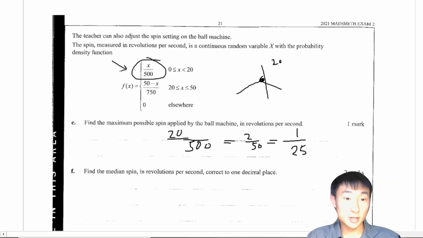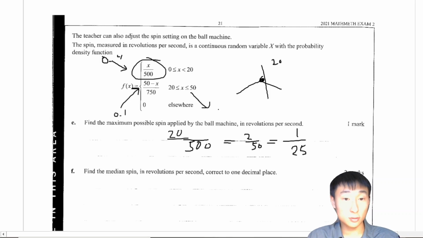So the area under this part is 0.4, so we need to find 0.1 essentially. You could use trapezium. You could use triangle to work out 0.5. Sorry, I'm just trying to do this by hand or in my brain.